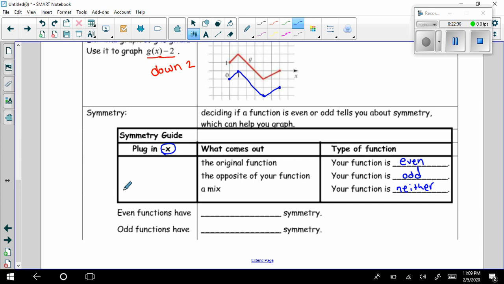So we've talked about symmetry a little bit already with being a negative x. You sometimes get your original function, you sometimes get the opposite of your function, you sometimes get a mixture of the two. That tells you if it's even, odd, or neither. Even functions have y-axis symmetry. Odd functions have origin symmetry.